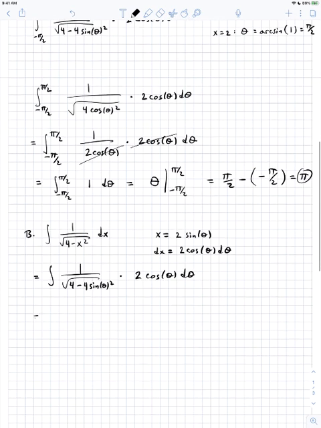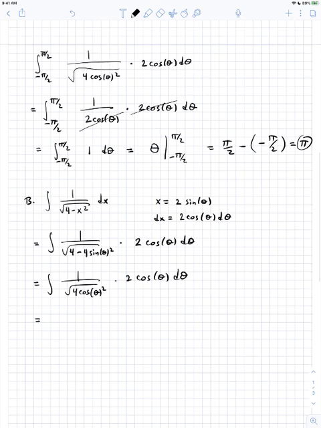And all of this works pretty much the same as before. So we have the square root of 4 times cosine theta squared in the denominator there, times 2 cosine theta d theta. And just like before, the denominator is the square root of a perfect square, 2 cosine of theta, times 2 cosine theta d theta.